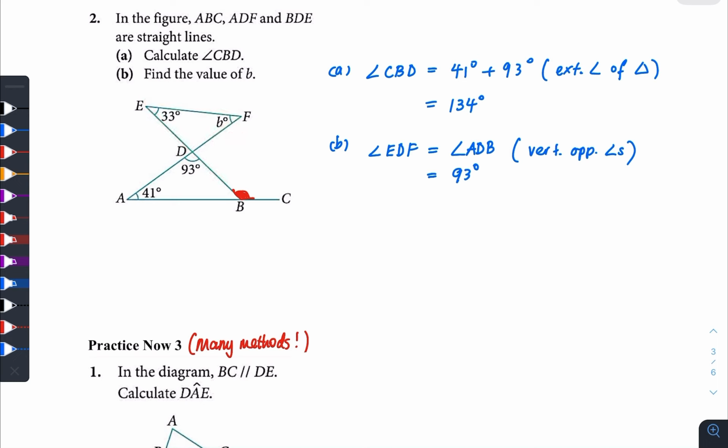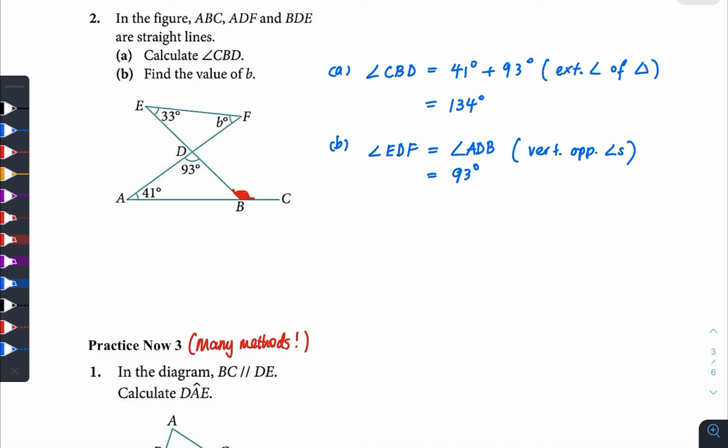So the 93 is not an exterior angle, but we can make use of vertically opposite angles. You can see that the 93 is equal to the angle at the opposite. So EDF equals ADB, then we write down vertically opposite angles, 93.